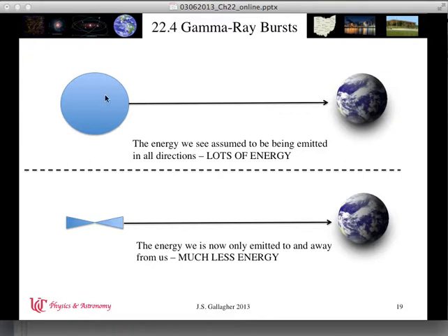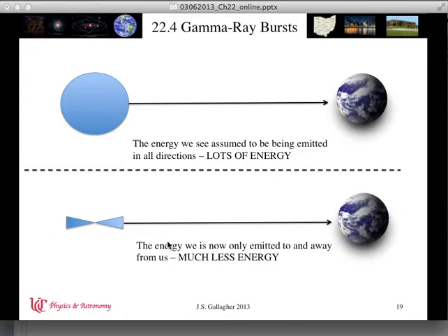So when we're summing up how much total energy is released, we have to sum it up over a 3-dimensional sphere. This means that we would interpret it as lots and lots of energy, and that's what we've done. However, if it's like a gamma ray burst, and the model is more accurate to say that it's caused by jets, then the energy that we receive is not being emitted in all directions. It's actually only being emitted along 2 cones.